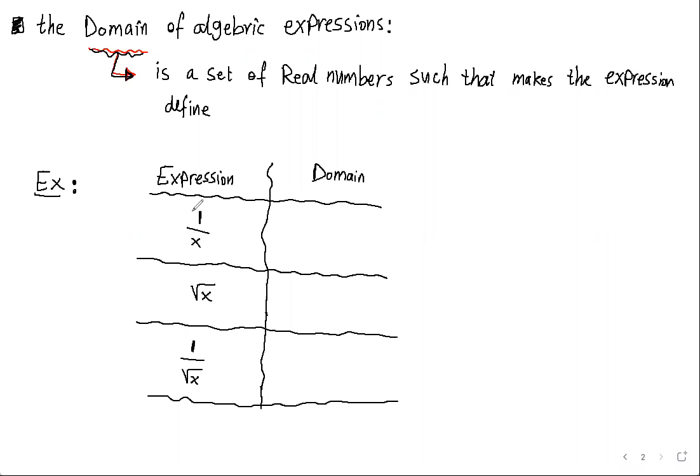What about the 0? Can I plug the 0 inside this one? Yes, 1 over 0. It's defined. Oh no, it's not defined. This means I have to remove the 0 from this set. So my domain is all the numbers except the 0. Make sense?